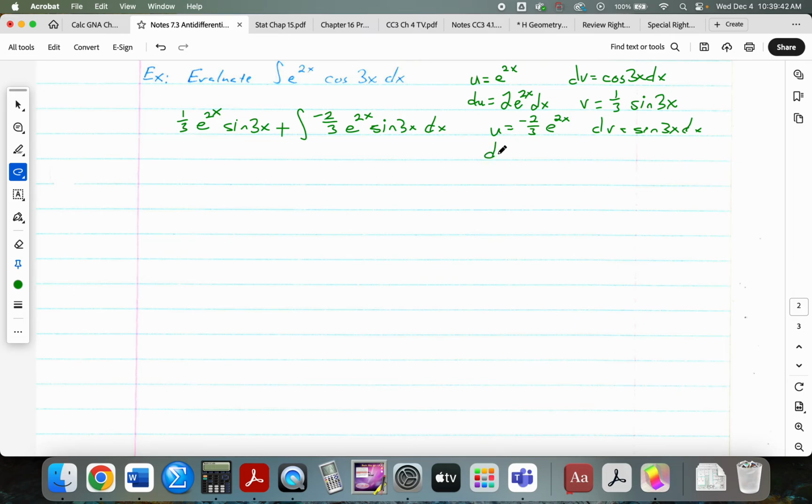So then du is going to be negative 4/3 e to the 2x. And v is going to be negative 1/3 cosine of 3x. I left off the dx over there. Sorry about that.